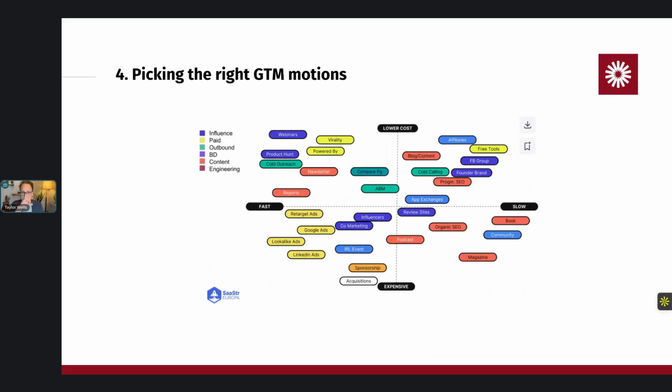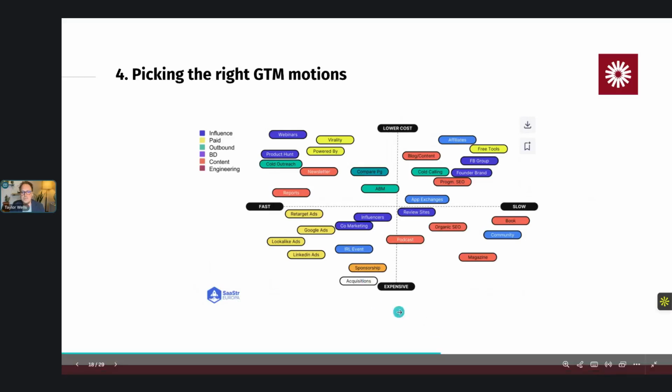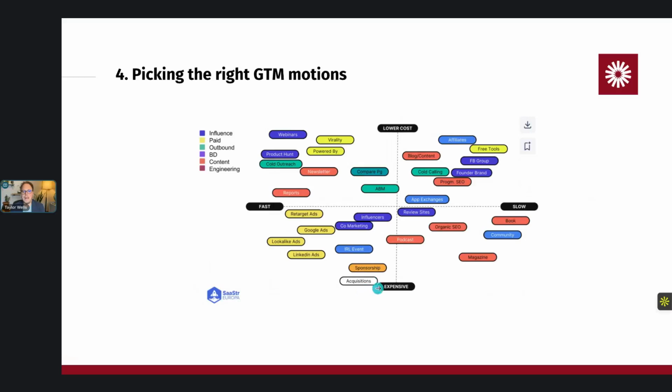But these different demand gen strategies will play into it. I'll give an example. For acquisitions, you're not going to go buy, or maybe sponsorships, or let's say a magazine, you're not going to go create a magazine if you have really low ACVs, right?